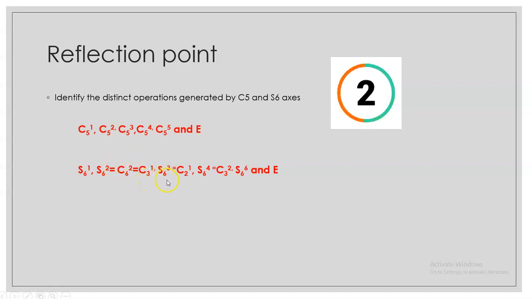And similarly, S6-3 is generating C2-1, and S6-4 is generating C3-2, and S6-6 is equal to E. So this S6 symmetry element is able to generate again 6 different operations: 1, 2, 3, 4, 5 and 6. So it is able to generate S6-5 and E. So here one small mistake is done. Here this should be 5. S6-5 and E are the symmetry elements.